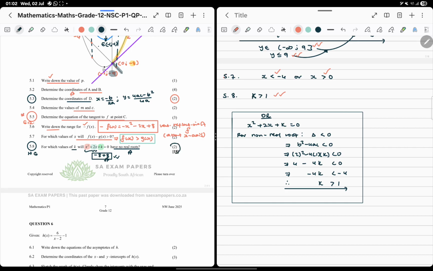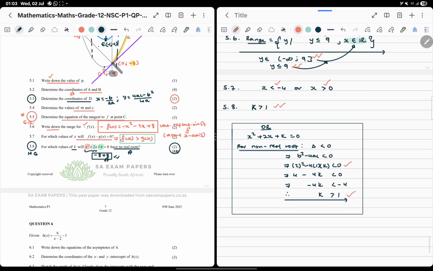For 2 marks, you can write the answer only, except when the question clearly states calculate. That's it. As you can see, guys, what matters here for 2 marks would be this situation and that, if of course you've shown the calculation, but if you did not, you still get 2 marks for the answer.